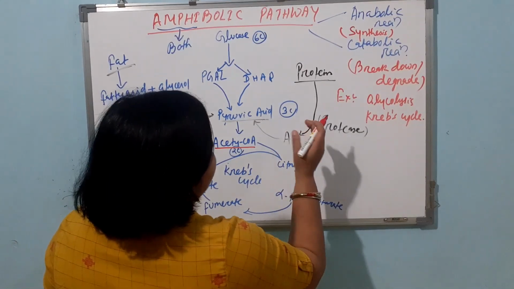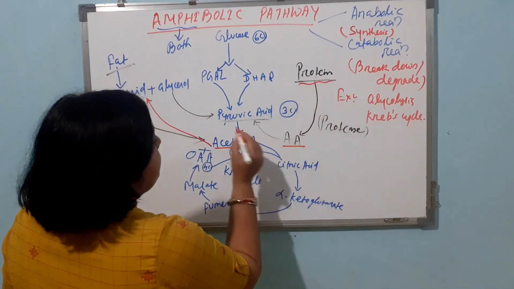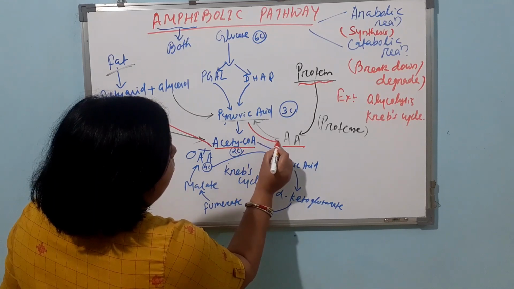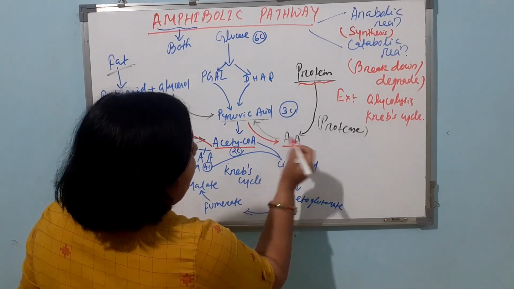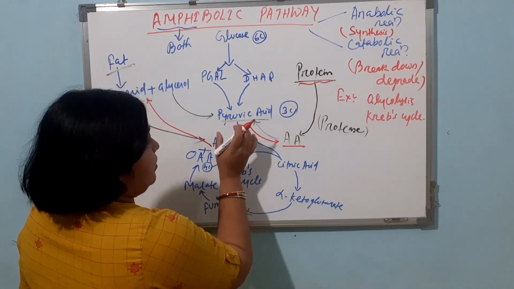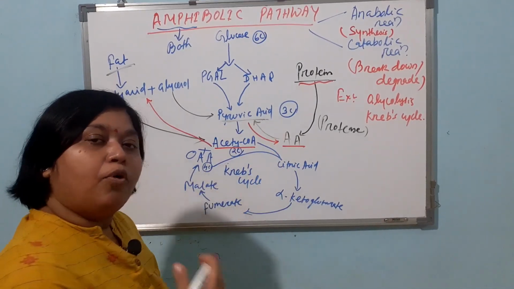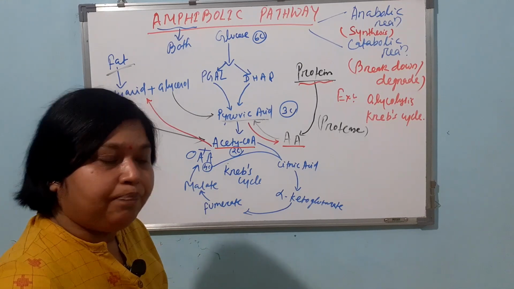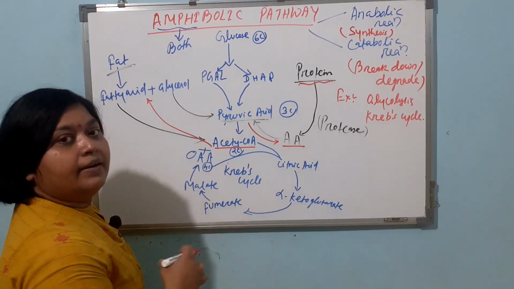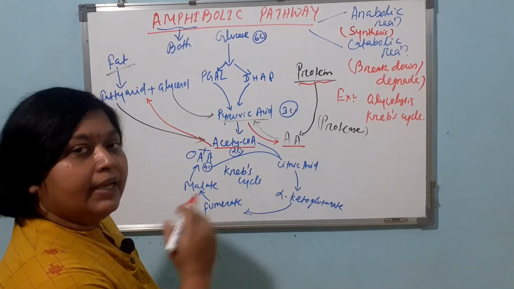Similarly, when the body needs amino acid or protein, this pyruvic acid will first convert into different amino acids, then it will form protein. At that time, it will not continue the Krebs cycle or further process of the respiratory pathway. So in this way, the Krebs cycle is performing both anabolic and catabolic reactions.